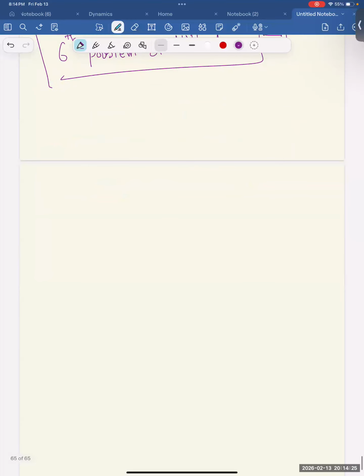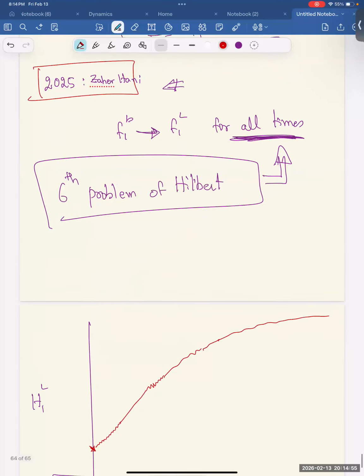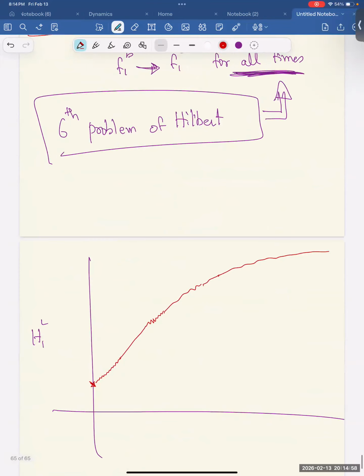If I make a plot, and this is the one particle entropy, initially this is the entropy, and for the most part things would be increasing, but it is locally possible that you can have some fluctuations. This is how entropy would evolve if this was the initial condition.